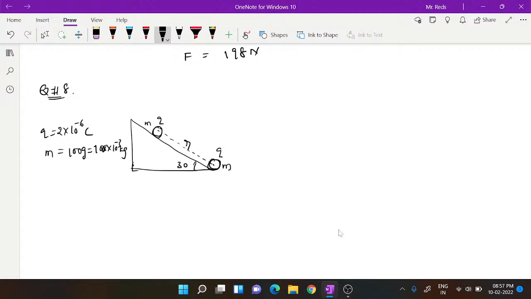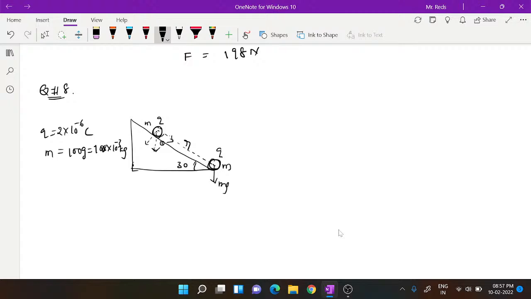When it is here, its mg will be acting downwards, making an angle theta with this. So this will be mg cos theta and this will be mg sin theta.